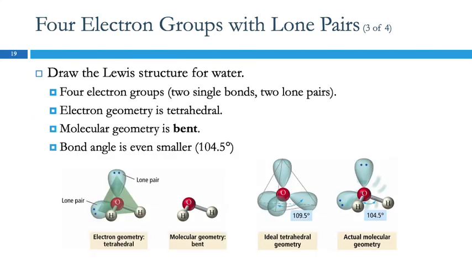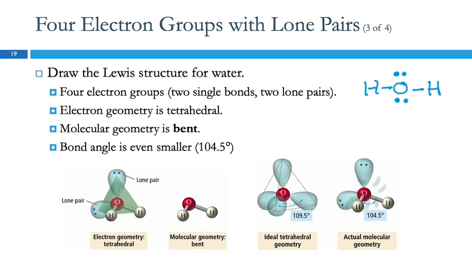Let's look at the Lewis structure for water. So looking at the oxygen in the middle, how many groups? 4.